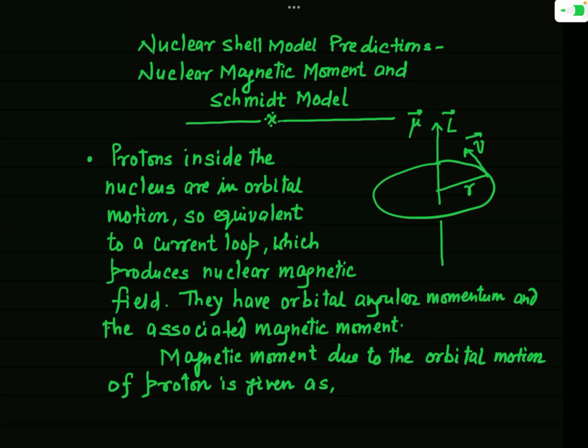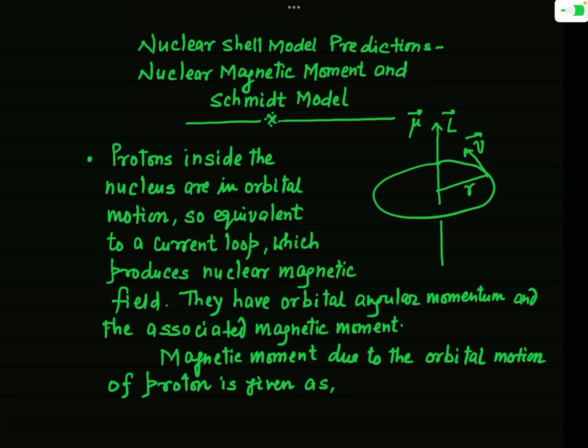As you know, a nucleus consists of nucleons, that is protons and neutrons. In protons and neutrons, the proton is a charged particle and the neutron is a neutral particle, that is, a chargeless particle. And these nucleons actually revolve in an orbit inside the nucleus.